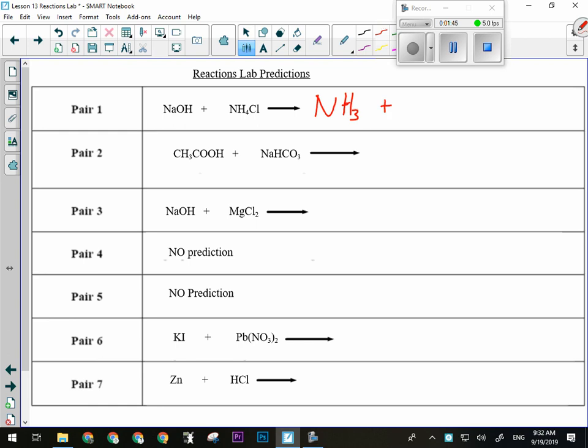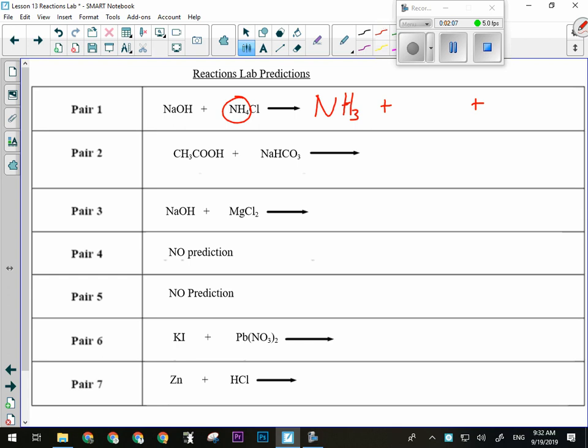2 other things were also produced. In order to figure out what they are, I will show you where this came from. The NH3 came from here, right? So the ammonium ion broke up in this reaction.